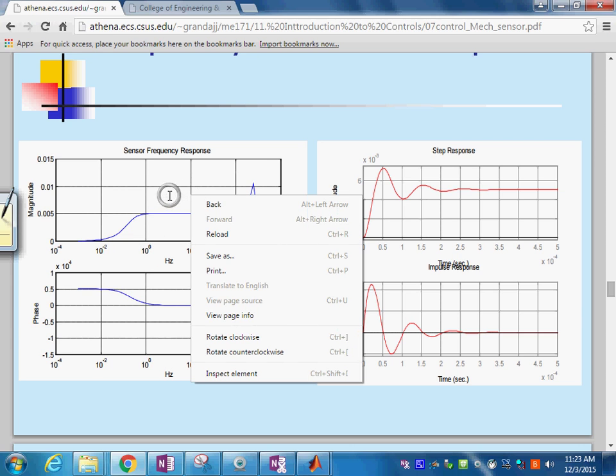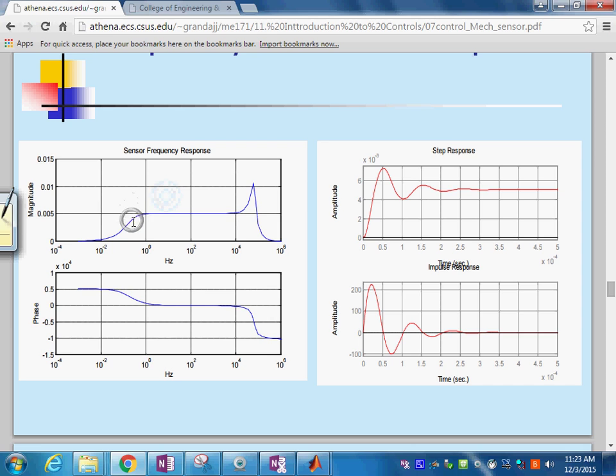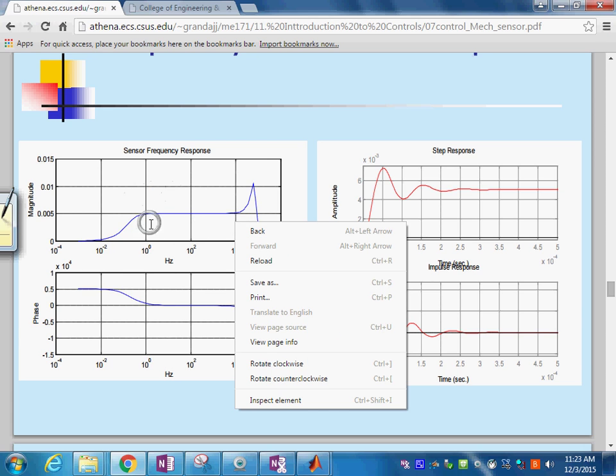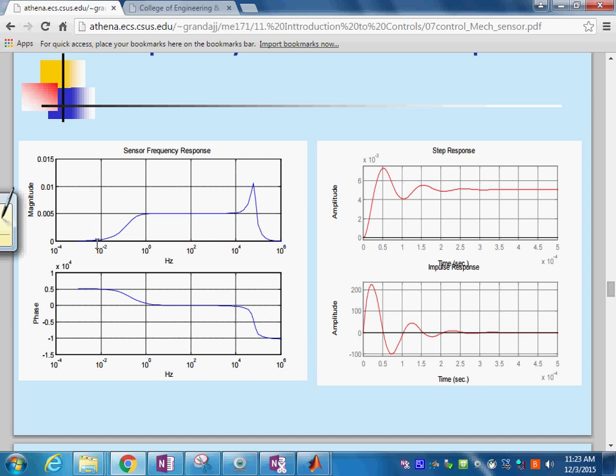This means that in this area, the sensor is perfectly okay. But if you operate that sensor between these frequencies or over here, your output does not track the input, and it behaves wrongly. So your sensor is only good between 1 and about 10,000 hertz. After that, it doesn't work at all. It is not the way we want it.